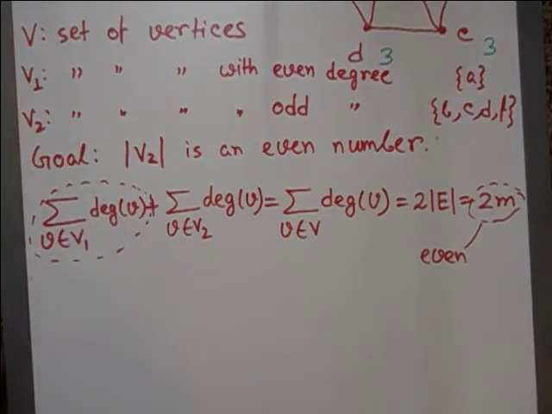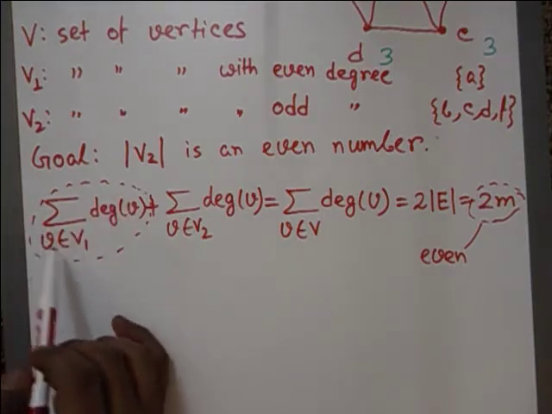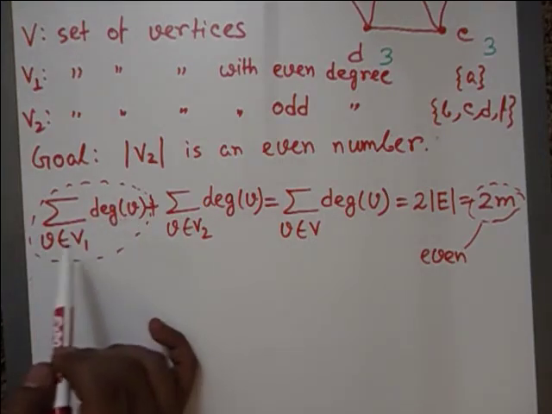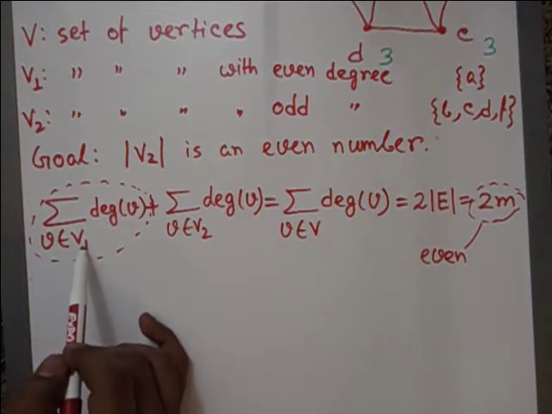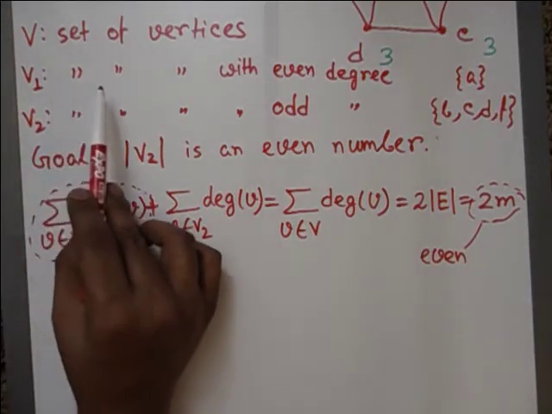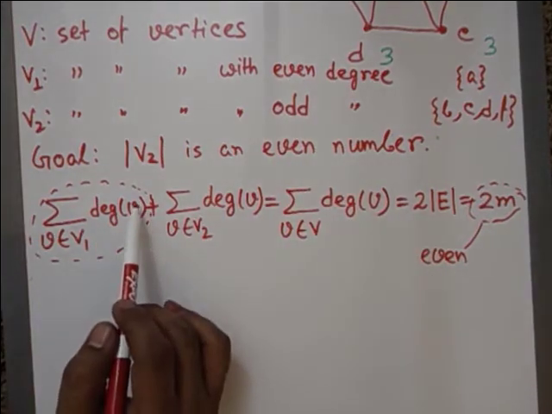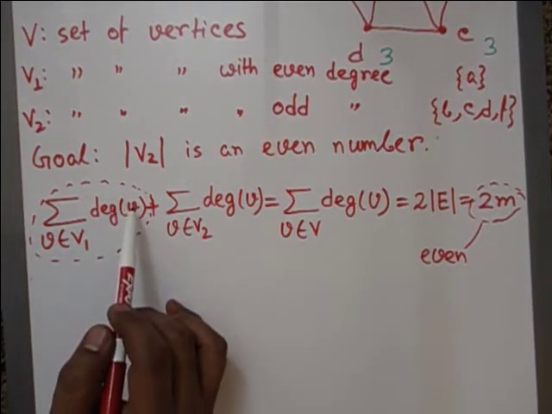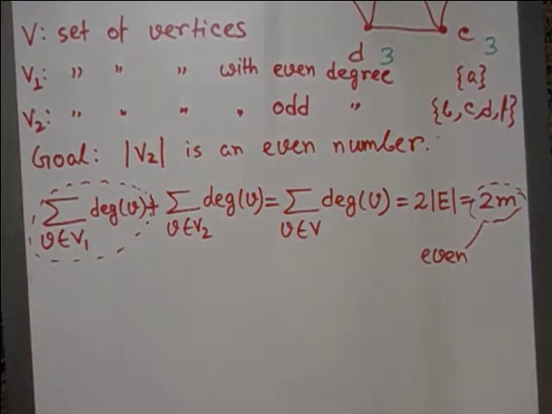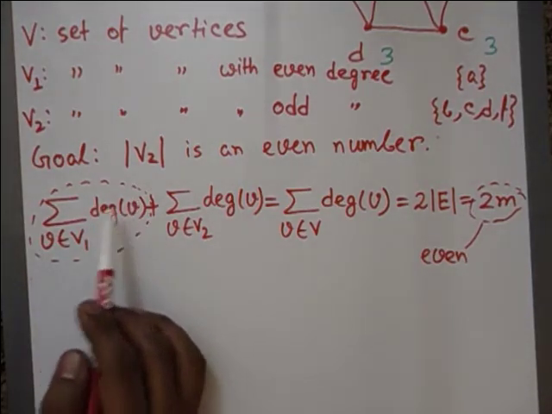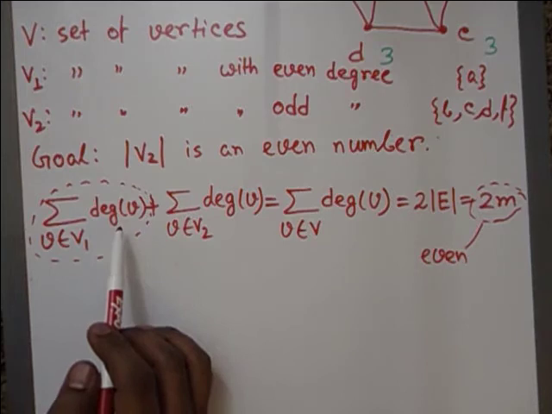Now if we look here, this is the sum of all the degrees of v, where v belongs to V1, and V1 is the set with even degree. That means all these terms that add up to this number are even numbers.